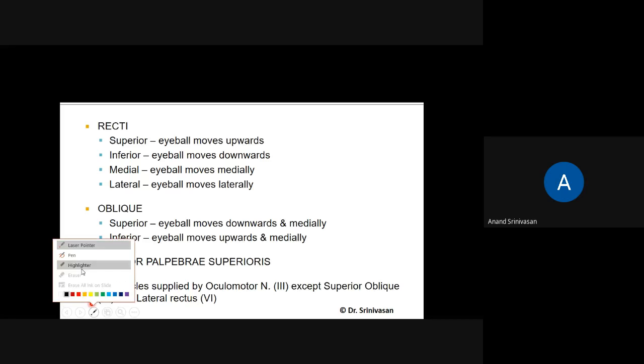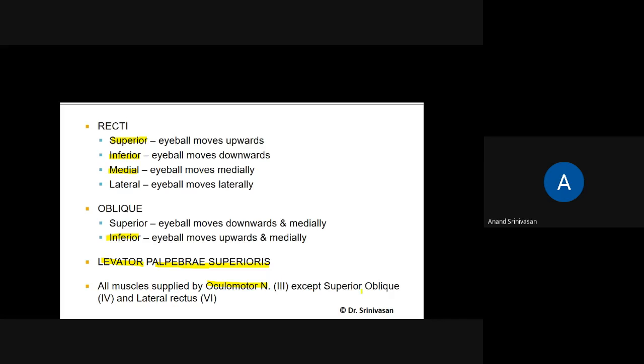So the superior rectus, inferior rectus, medial rectus, and inferior oblique are all supplied by the oculomotor nerve, or the third cranial nerve, including the levator palpebrae superioris.